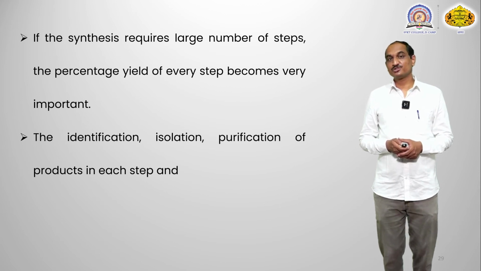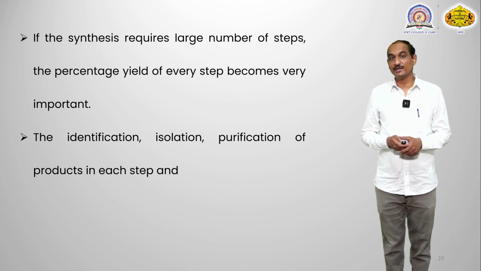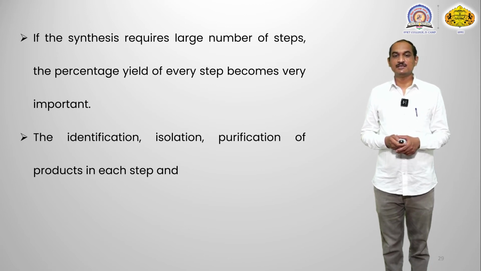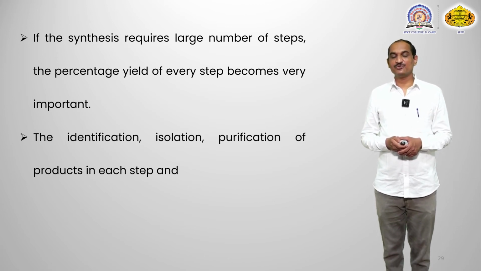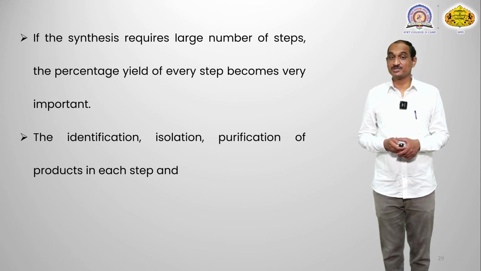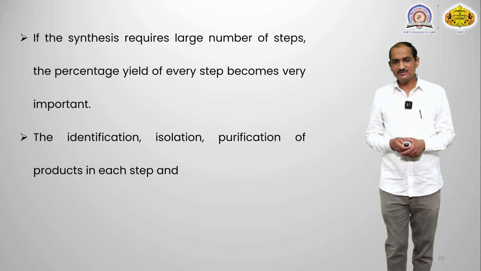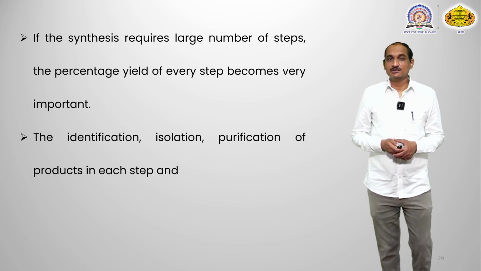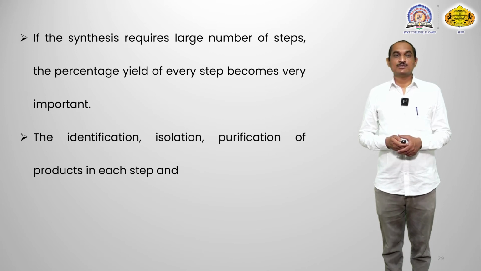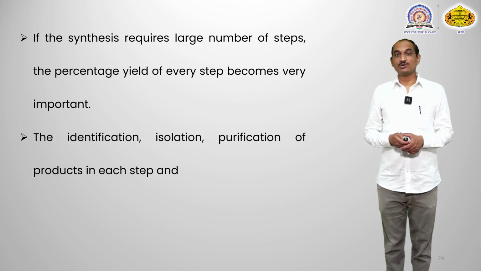So the percentage yield of every step in a multi-step synthesis is most important, and the identification, isolation, and purification of products in each and every step is also important, because in some steps the isolation is difficult, and at such a time the yield is reduced.